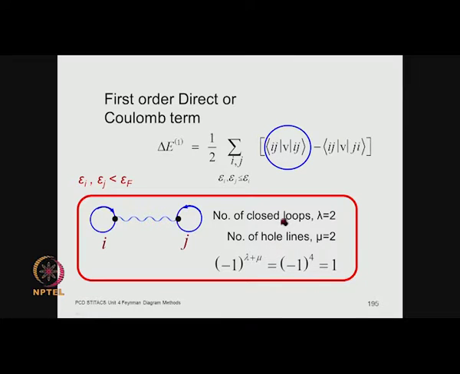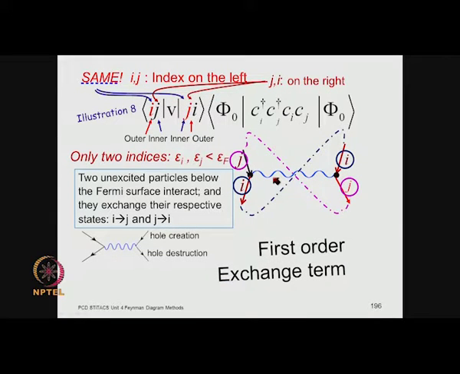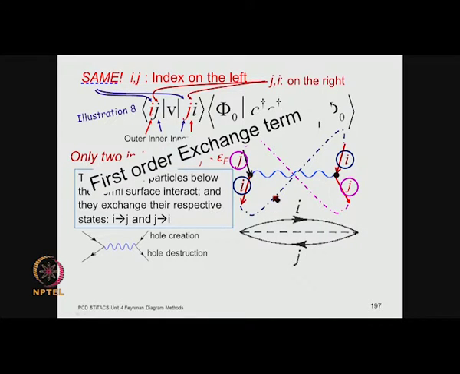So, this contributes a +1 sign to the first order correction. Now, if you look at the exchange term, you have a J I here, and as a result of this you have in this case the oyster, right.